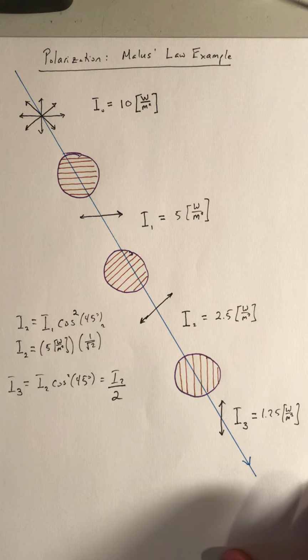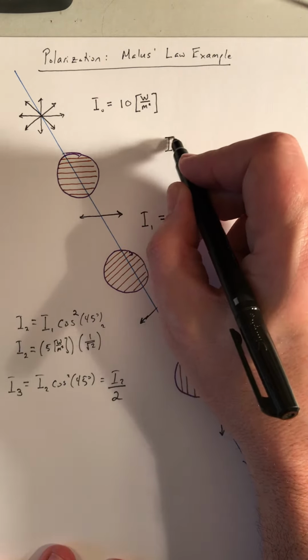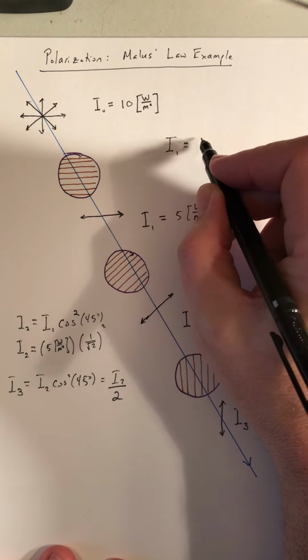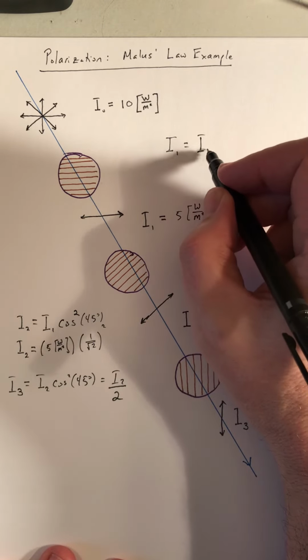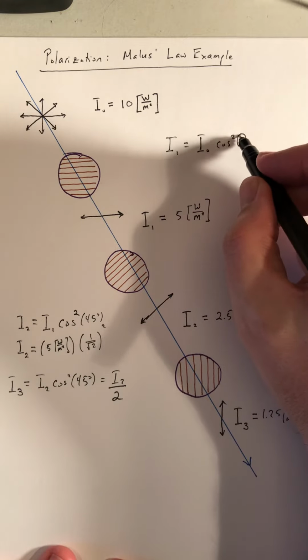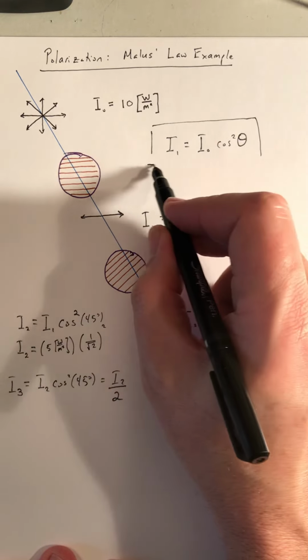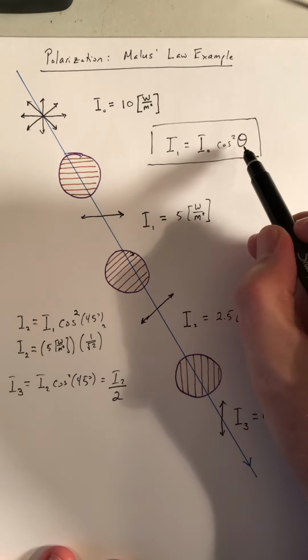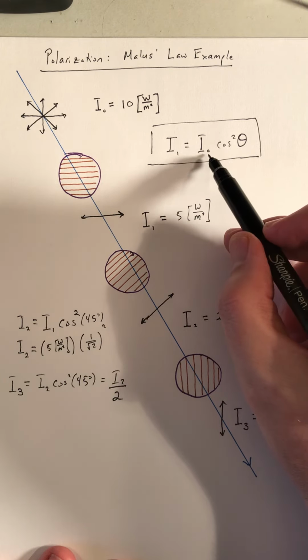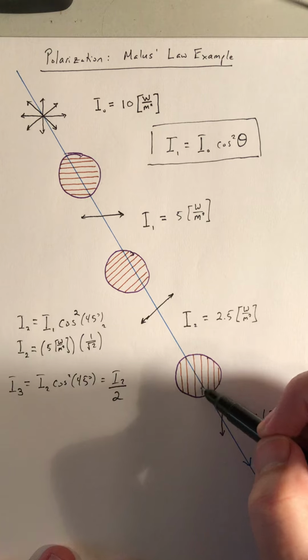In general, for Malus's law, the transmitted intensity is going to be the initial intensity times cosine squared theta, where theta is the angle between the polarization plane for the incident light and the polarizer.